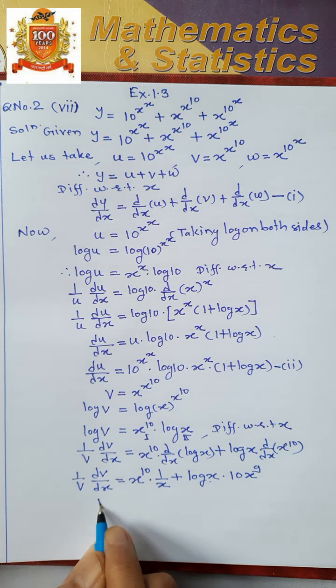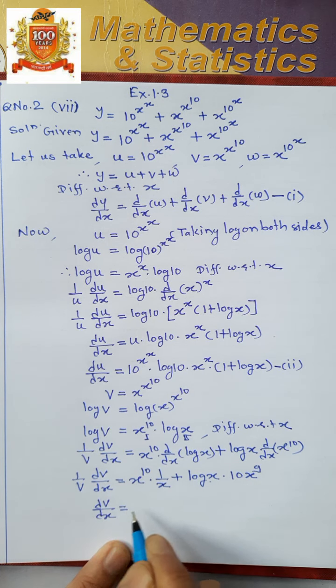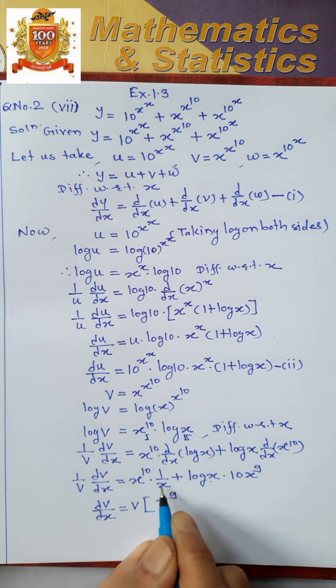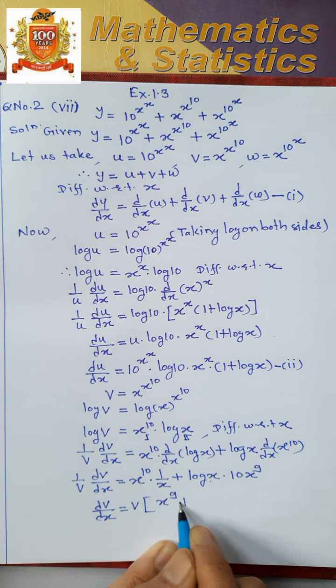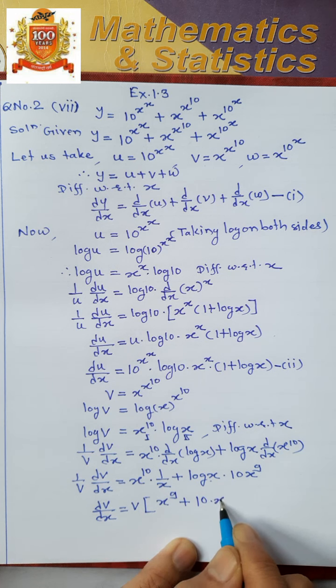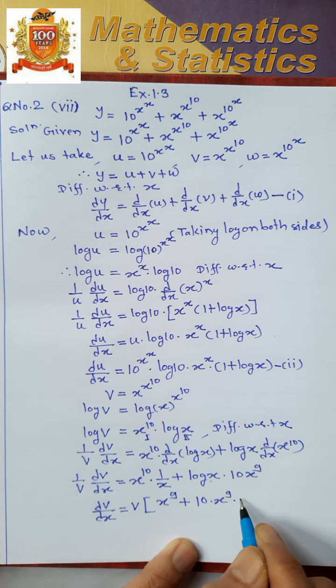Therefore dv by dx is equal to v in bracket, here x raised to power 9 only will remain, plus 10 into x raised to power 9 into log of x.